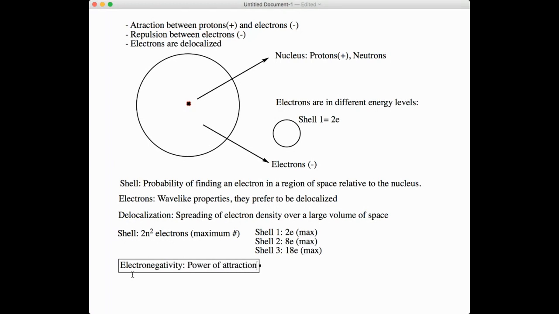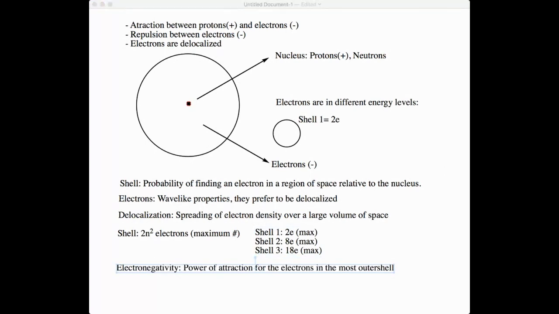And we're going to define that as the power of attraction of the electron for the electrons in the most outer shell. Okay, so that's something we're going to practice a lot, but I want you to introduce a concept from now.